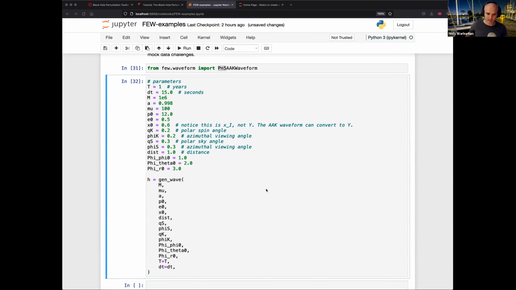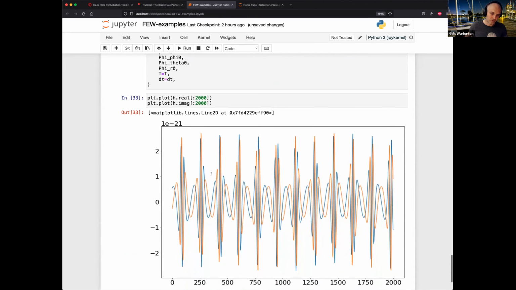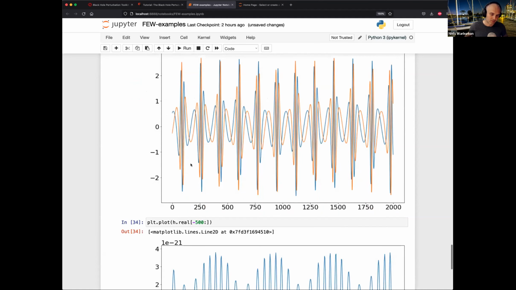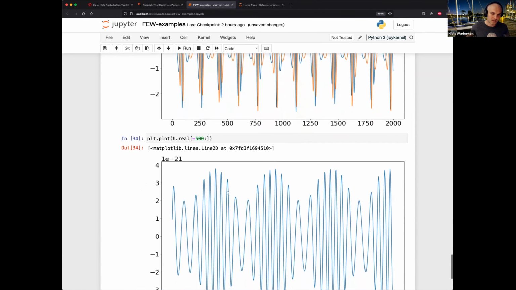And then I can plot the waveform for a completely generic orbit around a Kerr black hole, given those orbits. That was the beginning of the waveform, and you can plot the end as well. So you can see it evolves significantly from these very high eccentricity spikes that appear in the waveform to this low eccentricity system towards the end.